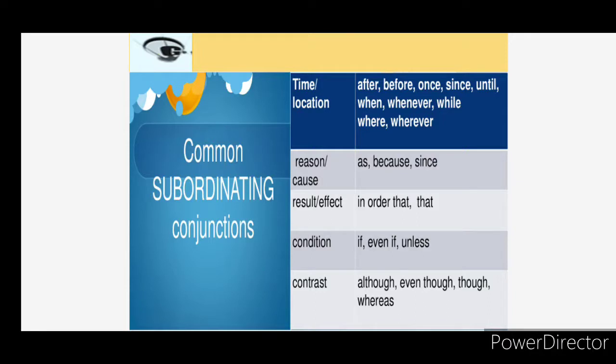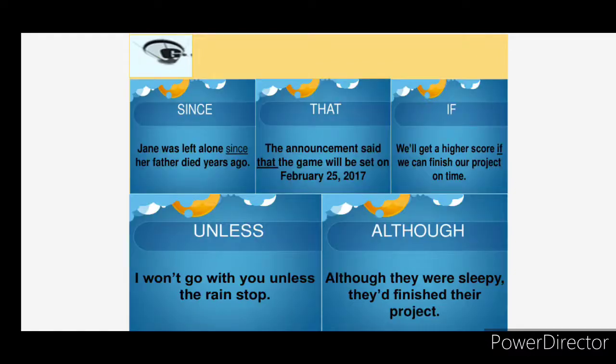They all show time. As, because, and since show reason. In order that shows result. If, even if, unless show condition. Although, even though, whereas show contrast.